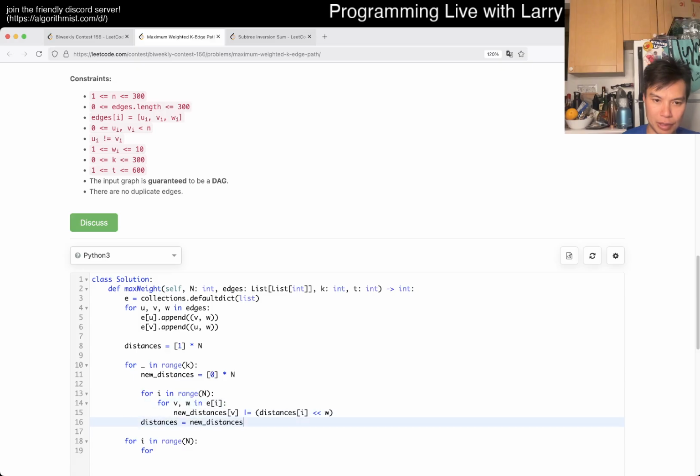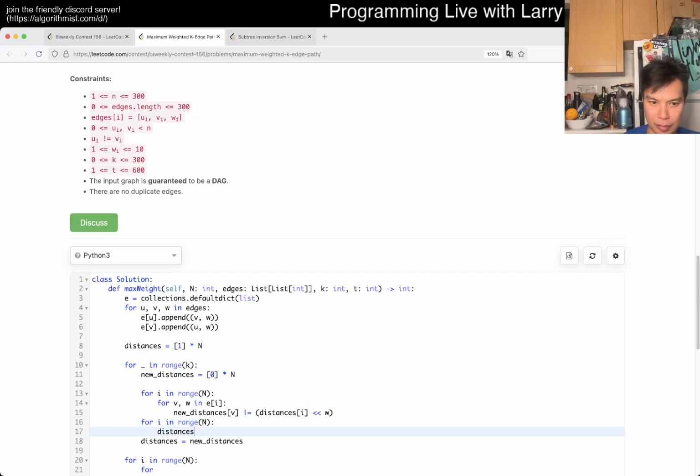I probably want to mod, but okay, fine. Right? Something like this. -1, I guess.